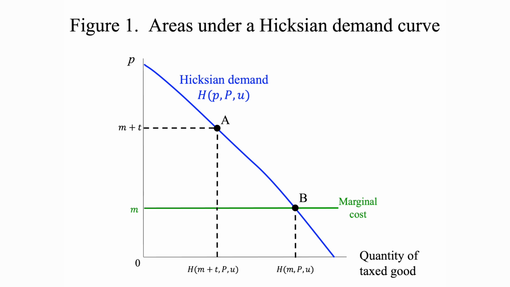And the other price we're going to look at is M plus, and I'm going to call it a tax at rate T per unit. So think of the consumer having to pay M to the producer and also having to pay T in a tax. And then I've shown the corresponding quantities at points A and B.